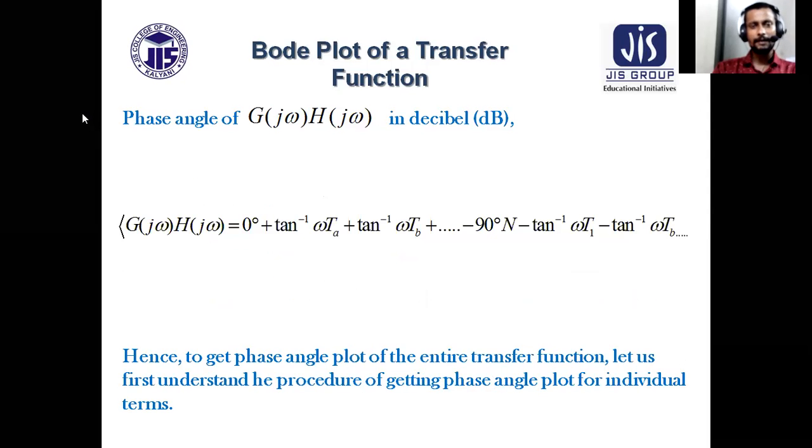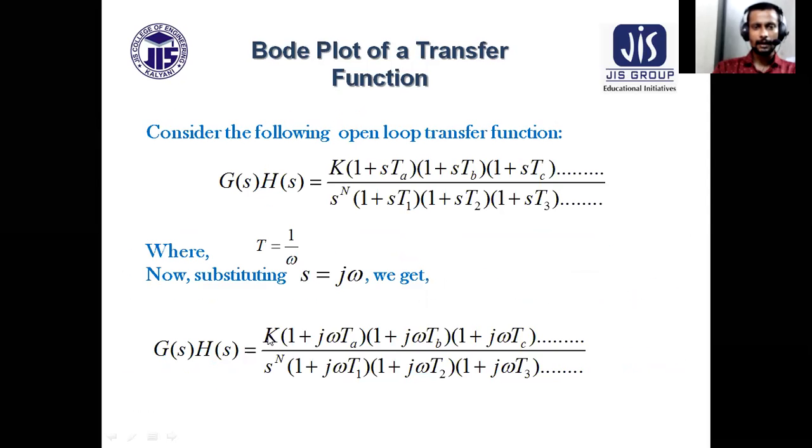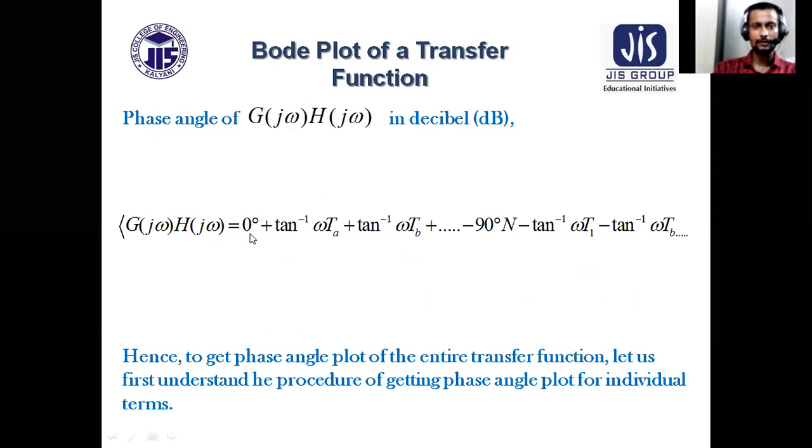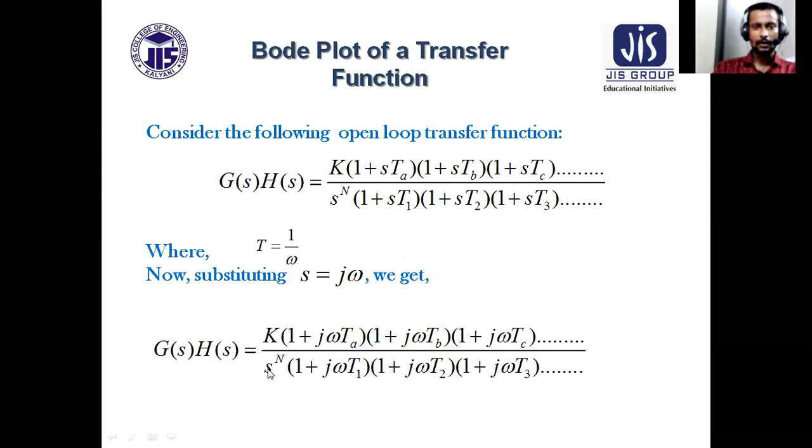Now, similarly, we need to get a plot for phase angle. So the phase angle of k is 0 degree. Phase angle of a plus jb is tan inverse b by a.